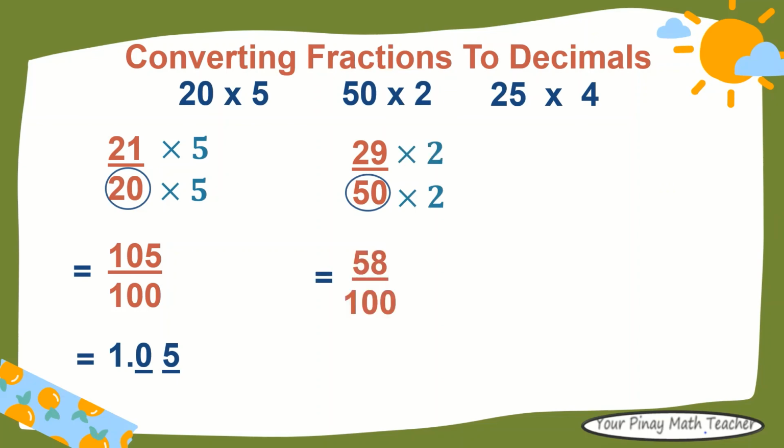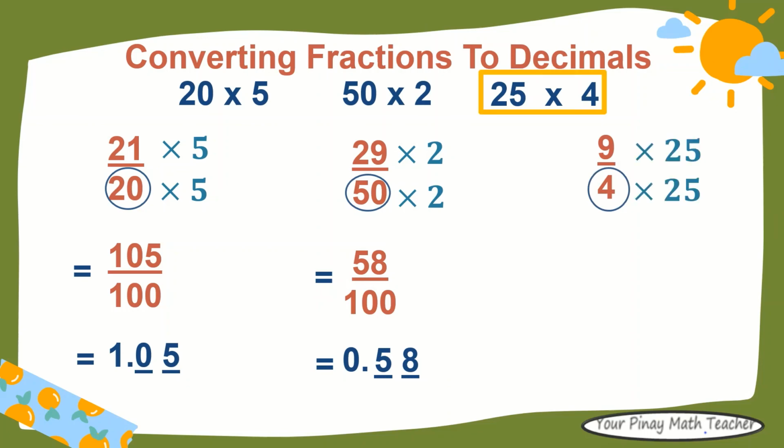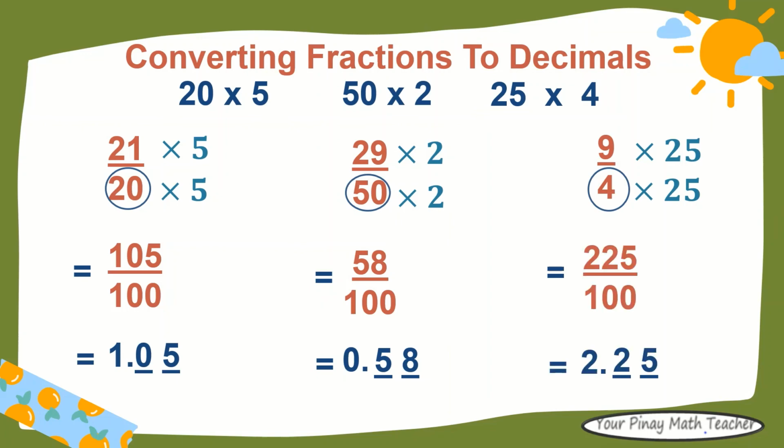So we get 58 over 100, which is 0.58. Next, or the last, we have 9/4. Multiply 4 by 25, also 9 by 25, and it's equivalent to 225 over 100, which is 2.25 in decimal.